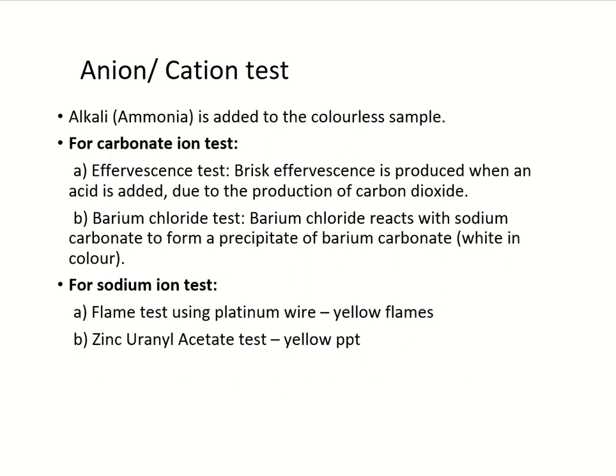Another test is the barium chloride test, in which barium chloride reacts with sodium carbonate to form a white precipitate of barium carbonate. For the sodium ion test, there are two tests: the flame test using platinum wire, in which sodium gives yellow flames, and the zinc uranyl acetate test, which gives a yellow precipitate.